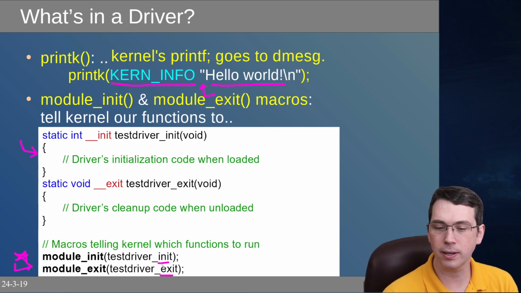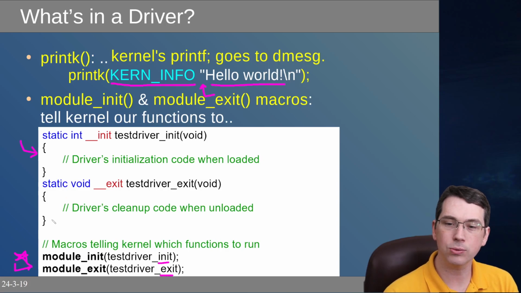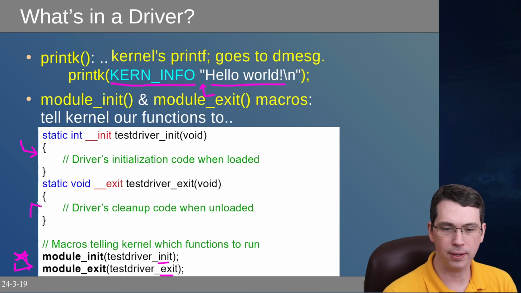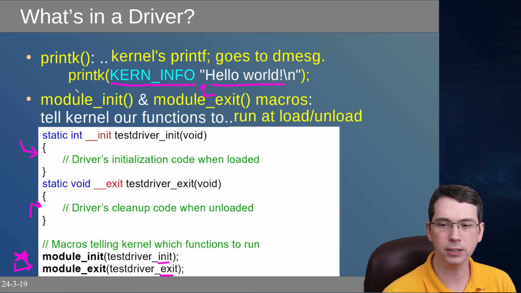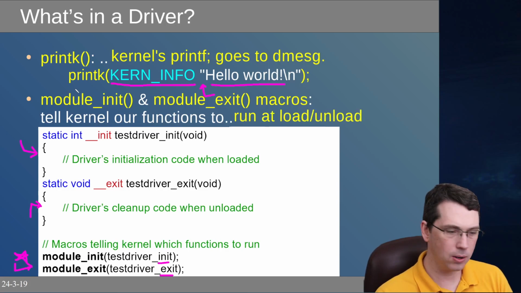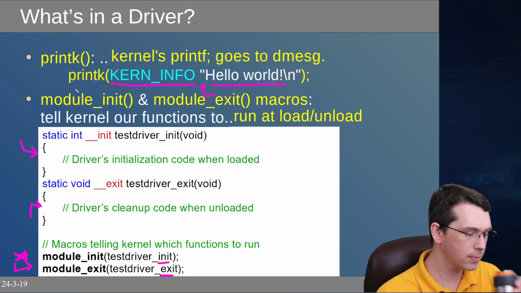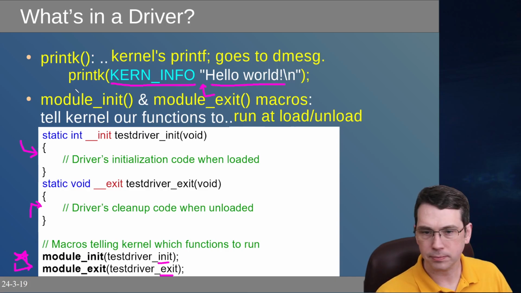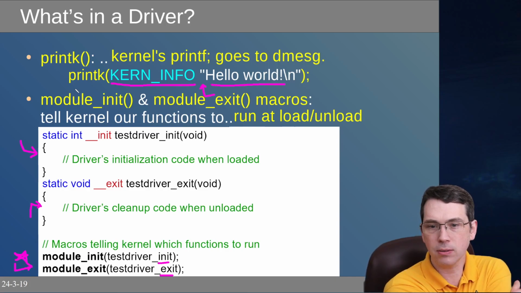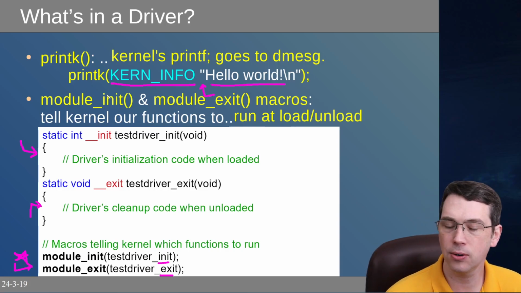This specifies what that function will be, and then it runs this function at startup. Likewise, when we unload our module, it's going to come in here and run this. So module_init and module_exit are macros. They tell the kernel what functions to run at load and unload.